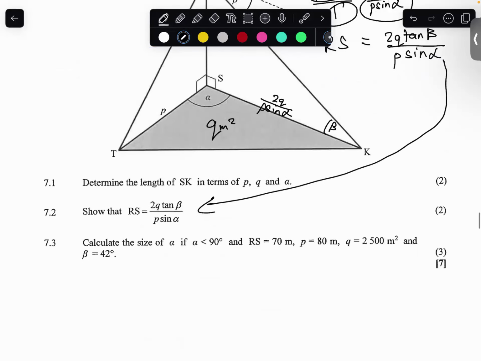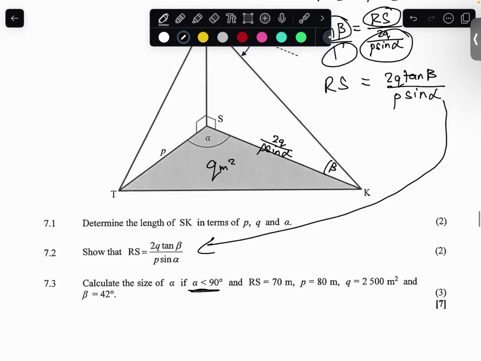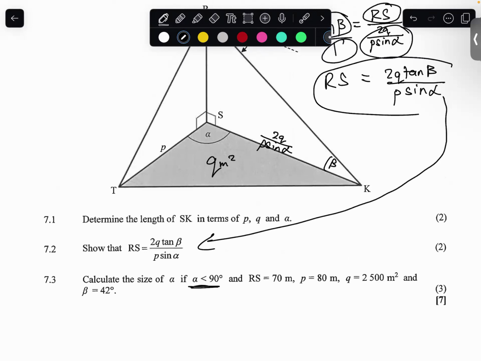Then it says calculate the size of alpha. If alpha is an acute angle, less than 90, RS is 70, P is 80, Q is 2,500 meters squared, and beta is 42. So I'm going to take this equation and I'm going to sub in all the values, right? RS is 70, to, sorry, 2Q. Q is 2,500.